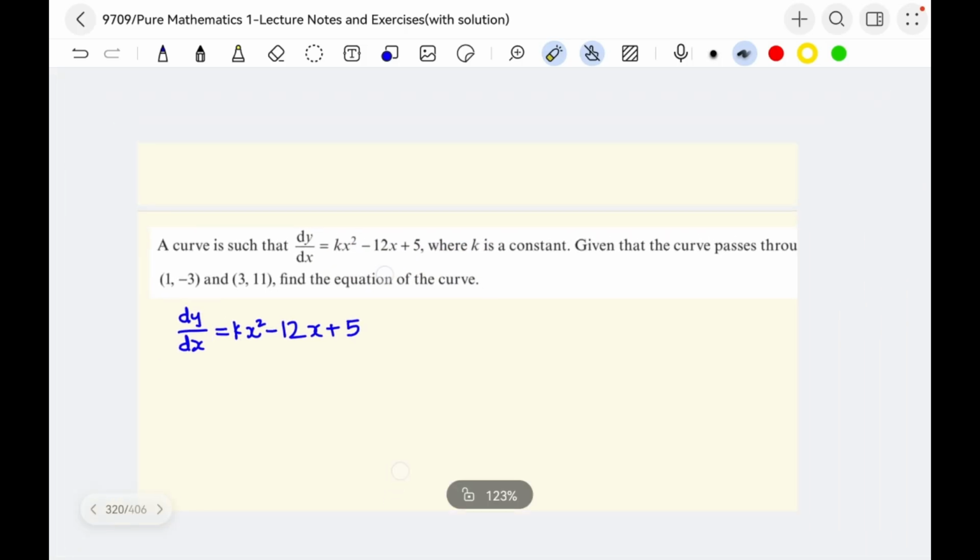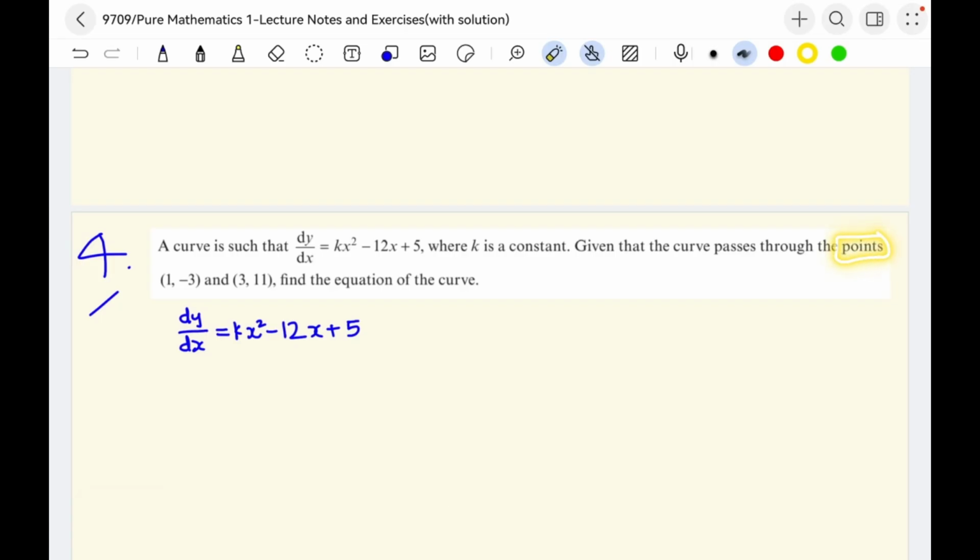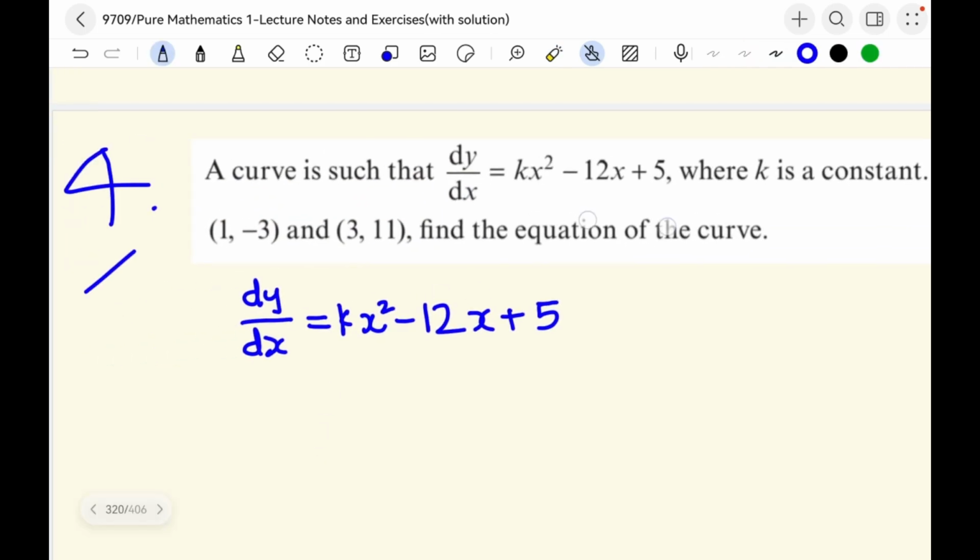But no worries, rest assured that two points are given that lie on the curve. So what you can do over here is integrate to get the equation of the curve. Although it's incomplete, at least you obtain the form already. So how to integrate the quadratic function below?